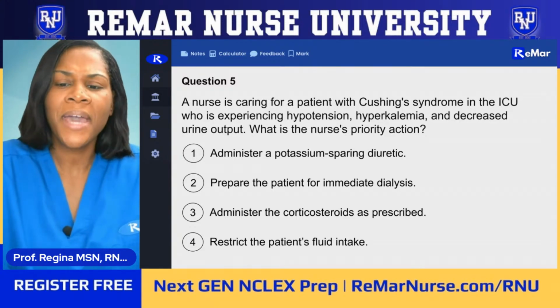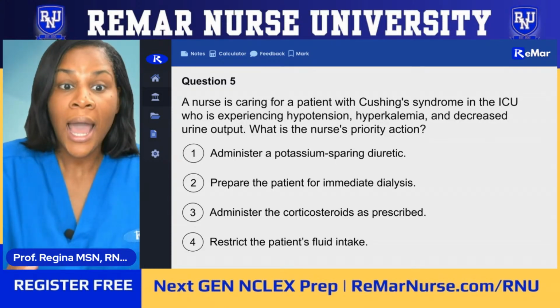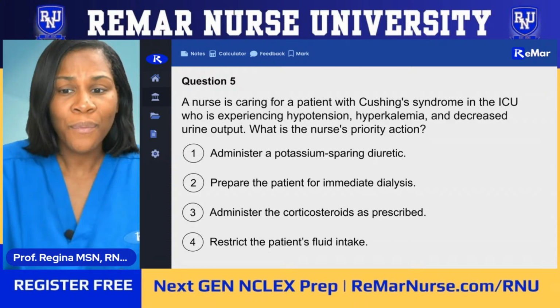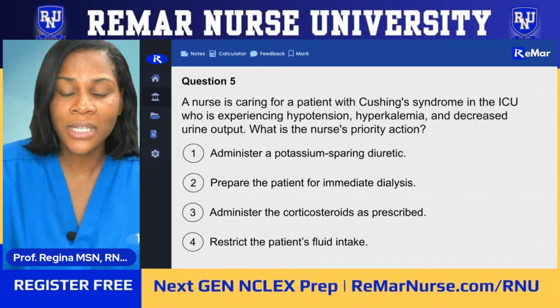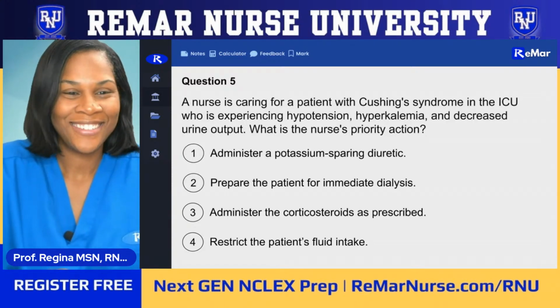This is a good one. A patient with Cushing's is in ICU. They have hypotension, hyperkalemia, and decreased urine output. What is the priority here? My goodness, what's the priority?